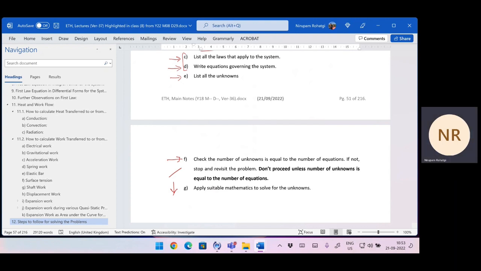Unless the number of equations is equal to the number of unknowns, you cannot solve the problem. It's a standard rule. So once you are sure that the equations are right and the unknowns are right, then you solve the problem. This is the technique you should adopt.